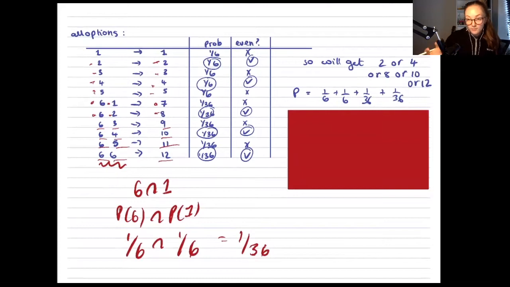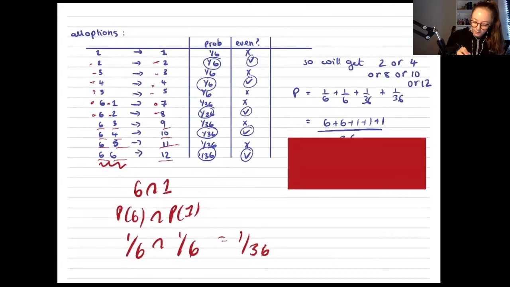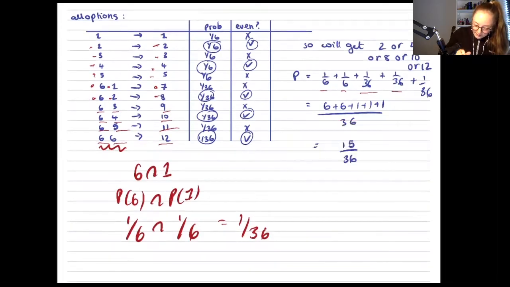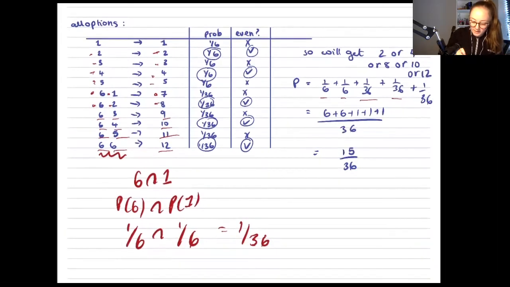So our ors were pluses, and we have the probability of getting a 2 is 1 over 6, plus the probability of getting a 4, which is 1 over 6, plus the probability of getting an 8, which is 1 over 36, plus the probability of getting a 10, which is 1 over 36, plus the probability of getting a 12, which is, again, 1 over 36. And then that would make our total 15 out of 36.